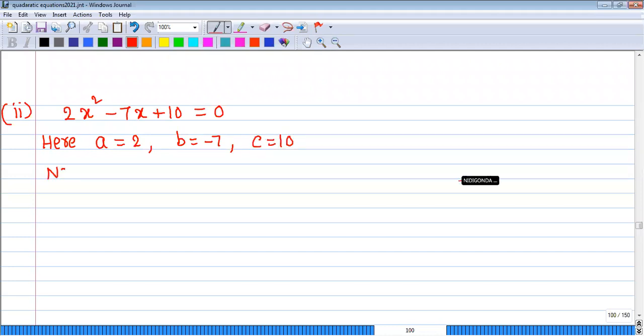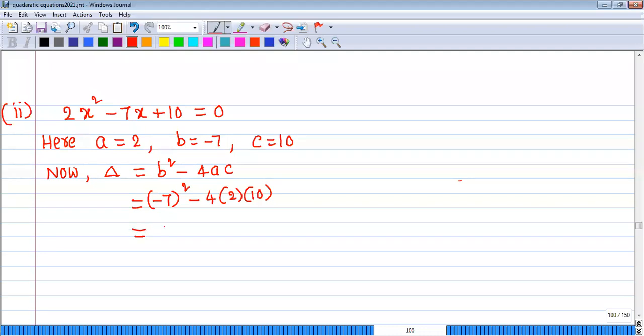Now delta is b square minus 4ac. That is minus 7 square minus 4 times 2 times 10. Show previous picture, please. 49 minus 80.